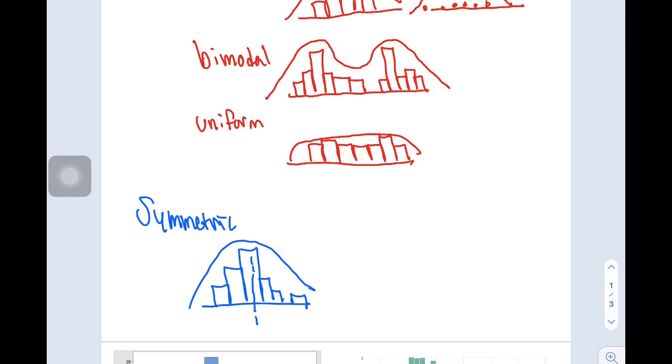All right, so we talk about symmetry. What if the data is not symmetric? What does that look like? Well, I'll draw one. Okay, so something like this.